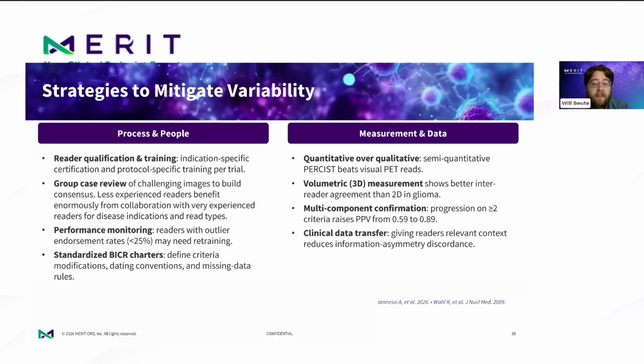So the mitigation toolkit really tends to fall into two buckets. There's a people side and a process side, and then there's the separate measurement and data side. So on the process and people side, it starts with reader qualification and training, indication-specific certification, and protocol-specific training for each trial so that readers know exactly how that study defines things.